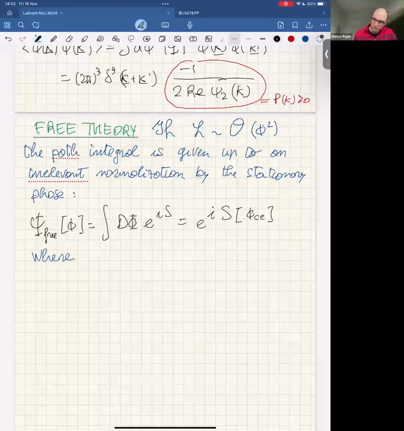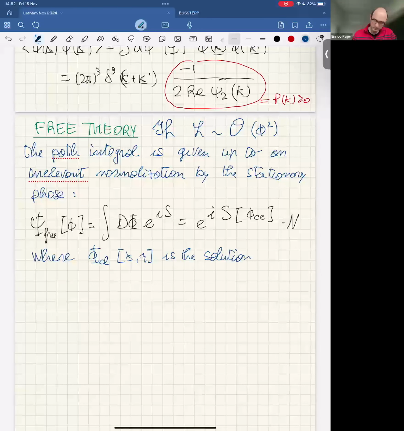So this is exactly equal to this times a normalization that does not depend on the field. So just a number, you can normalize it out. Phi classical is a function of space and time, which is the solution of the classical equations of motion.